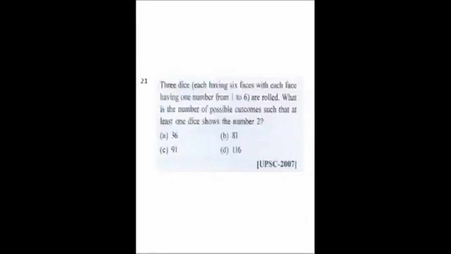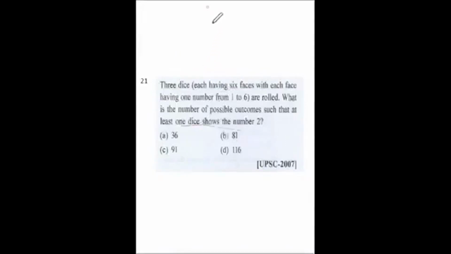3 dice each having 6 faces, with each face having one number from 1 to 6 are rolled. What is the number of possible outcomes that at least one dice shows number 2? So here we have to see that at least one dice shows number 2.